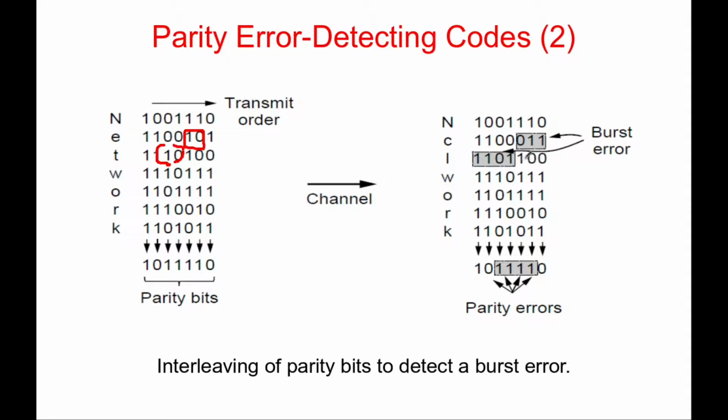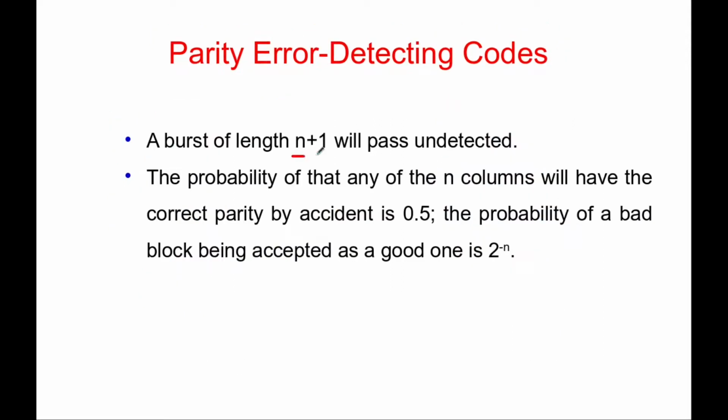And when the length is more than 8 as well, for multiple rows beyond, there will be multiple bits in one single column which are in error, and that may make the parity of that column the same, as we have seen in the horizontal case. That may happen here in the vertical way. And that's why right from n plus 1 onwards, the errors may pass undetected.